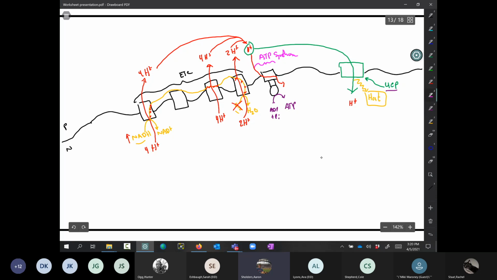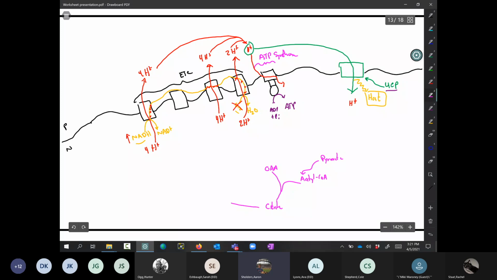So if we come over here, pyruvate is converted to acetyl-CoA by the PDC, and then acetyl-CoA feeds into this cycle. Oxaloacetate and acetyl-CoA will combine to make citrate.